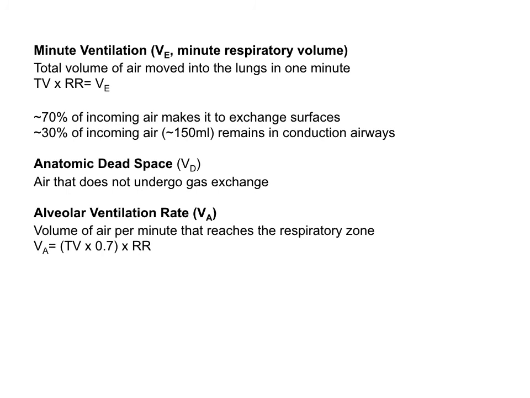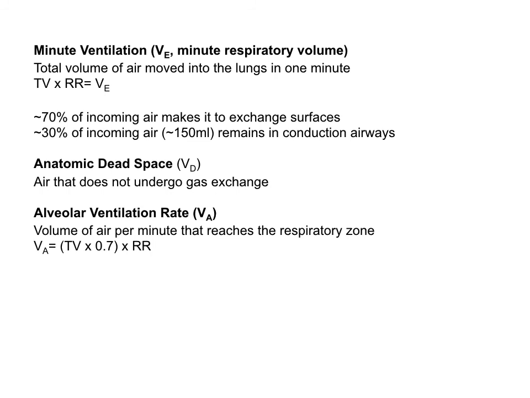The remaining 30% of your incoming air, which based on average tidal volume is about 150 milliliters, is in your conducting division somewhere. It's in your larynx or your trachea or your bronchi or your muscular bronchioles. So minute ventilation just says in 1 minute, here's how much air I moved. It just doesn't tell you how much air you used.